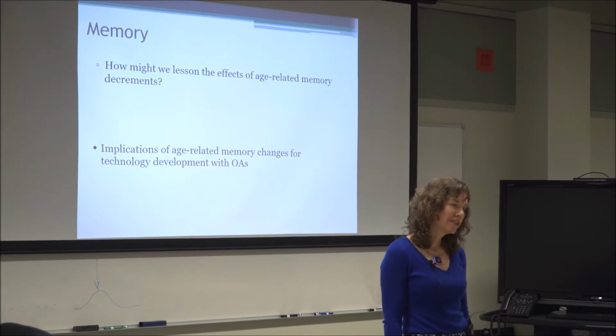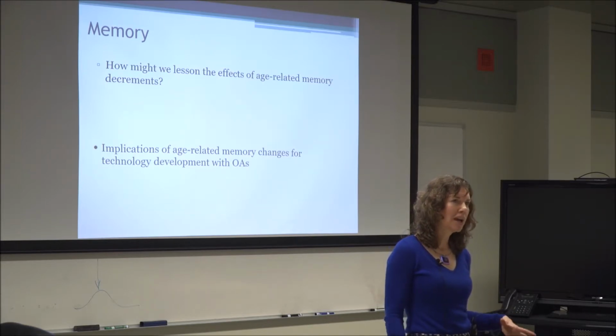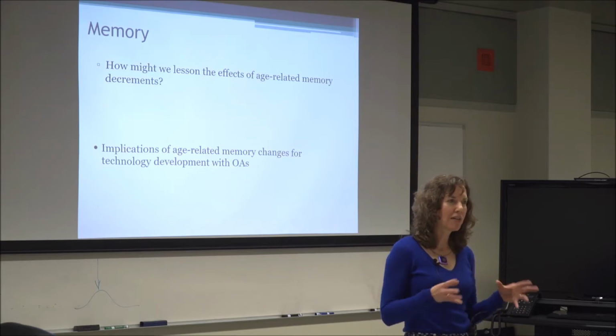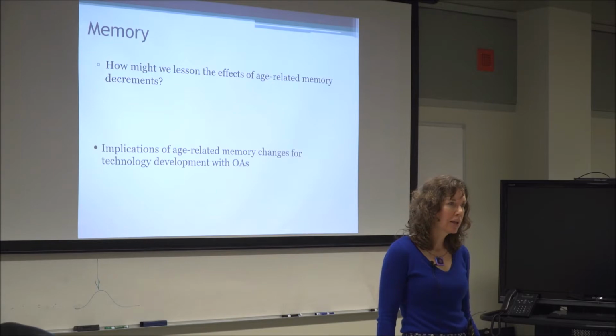Okay, good. So again, anytime we can minimize and simplify and reduce that load on memory, and certainly we want to avoid having to do too much multitasking or having to hold too many different things in memory at one time. That's going to make it more difficult for an older adult. And if it's more difficult, then your article talks about the perceived use and ease of use, right?